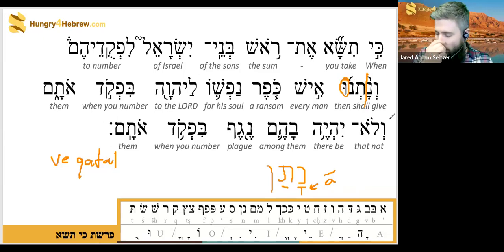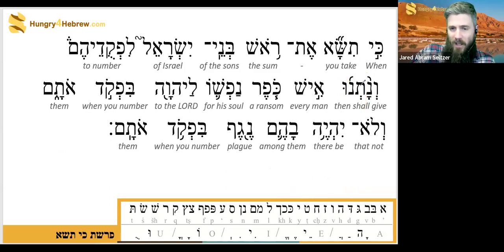So what am I getting at? There are multiple ways to identify a kamatz katan. Usually when we're looking for a kamatz katan, we look for a closed, unstressed syllable. Now, we have two marks here. Which one is the stress marker?